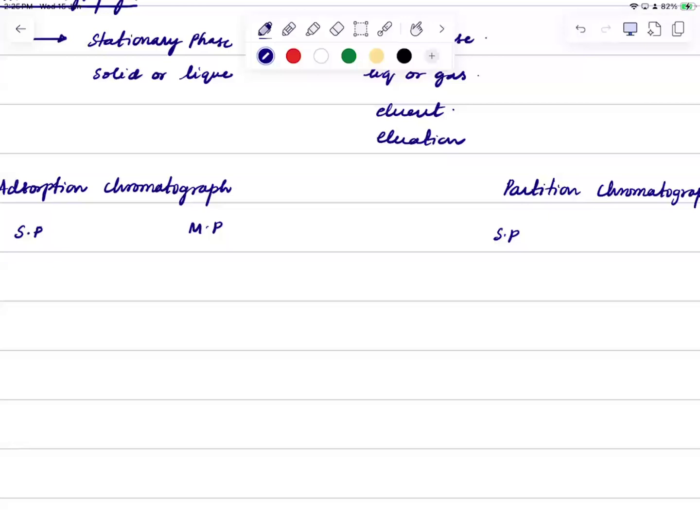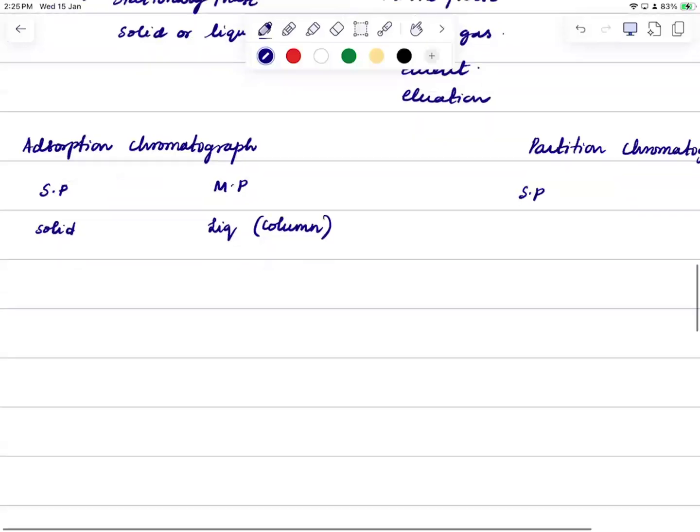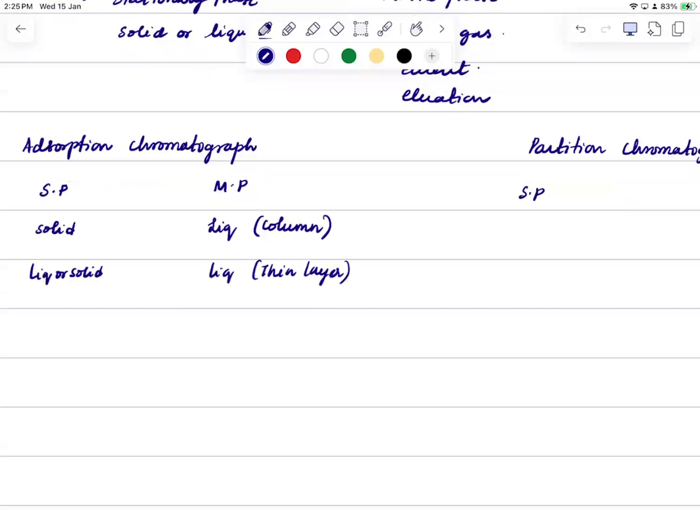So typically, if you have a solid here, and a liquid here, this type is the most common one, which we call column chromatography. Got it? Next one, which you need to understand, is this could be liquid or solid, right? While this is only liquid, then this is called thin layer chromatography, TLC.